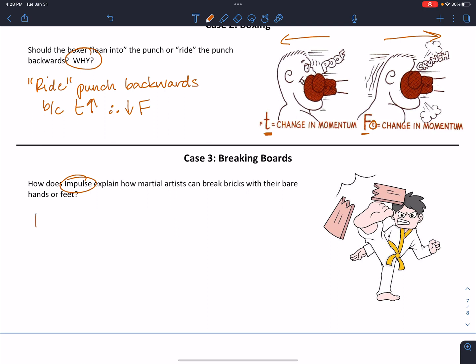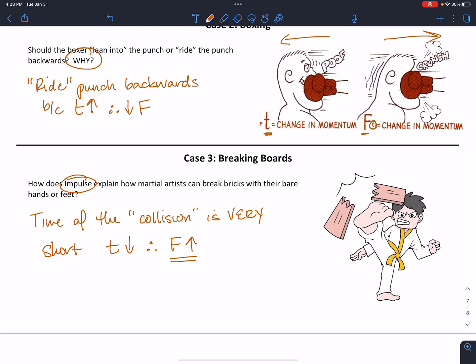So the time of the collision is very short. If that time is really small, then the force that they are exerting during that time period is really, really high. So that high value of force is able to break the board or the brick.